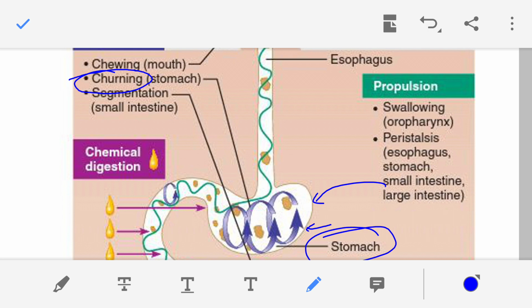So the food is mixed with the gastric juices, and the digestion starts in the stomach. Churning means the mixing of gastric juice with the help of the contraction and relaxation of the muscles of the stomach wall.